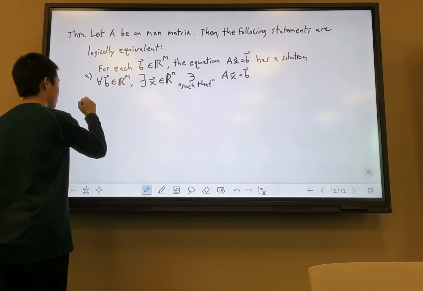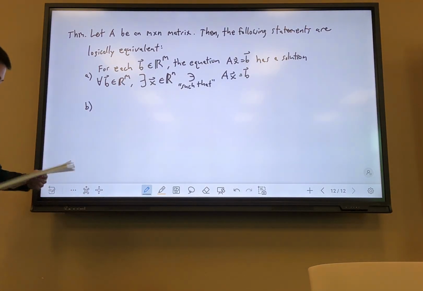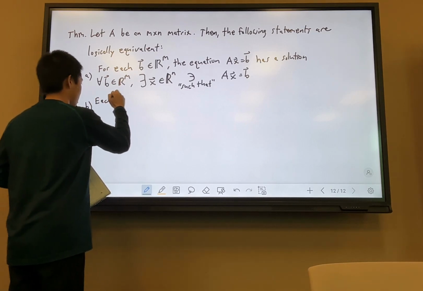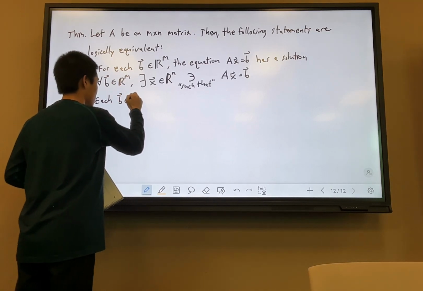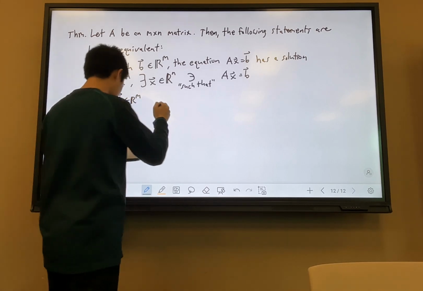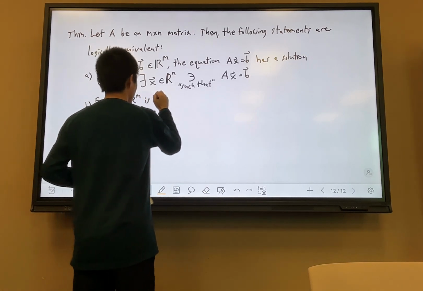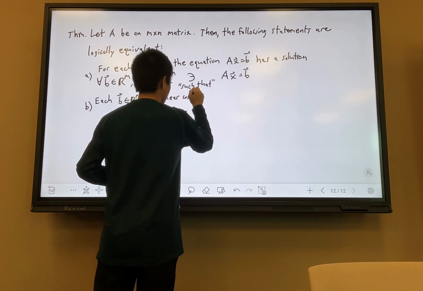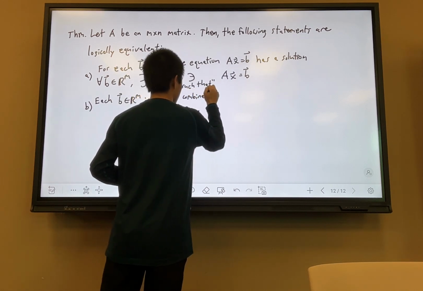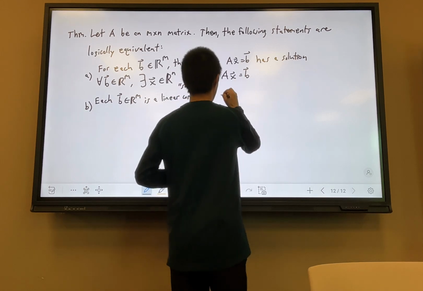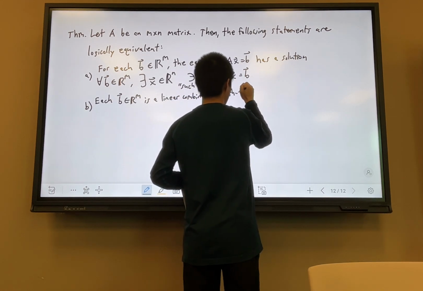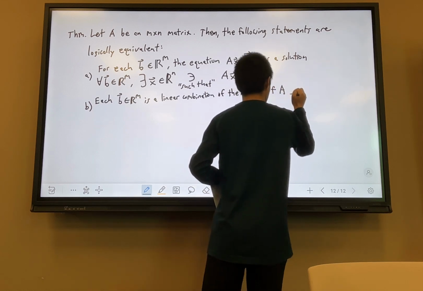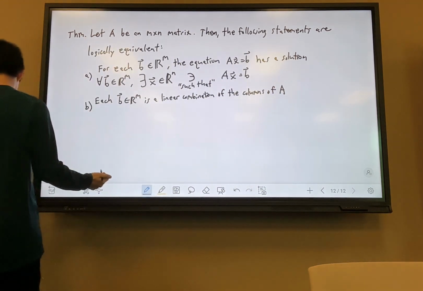Okay, that's the first statement. Let's see what other statements logically follow from this. If that's the case, then each b in Rm is a linear combination of the columns of A. We already talked about this.